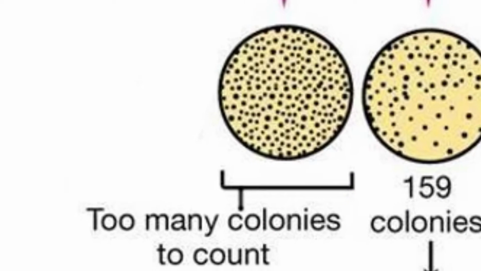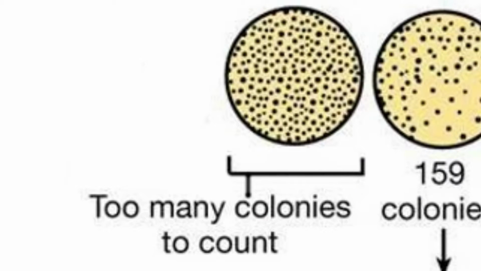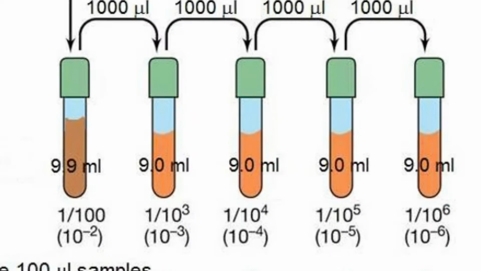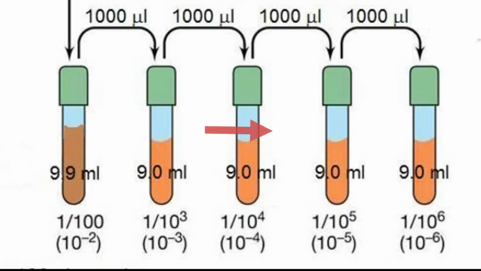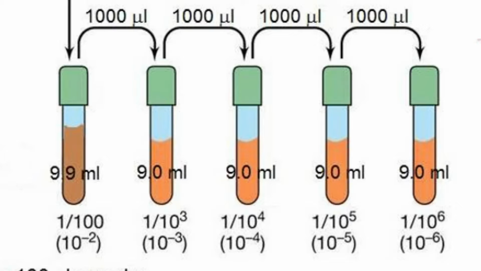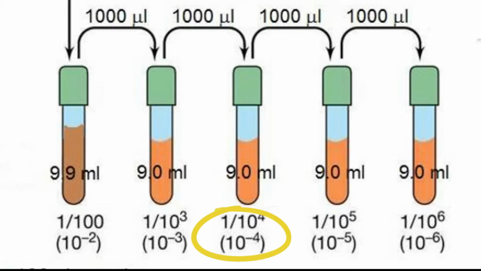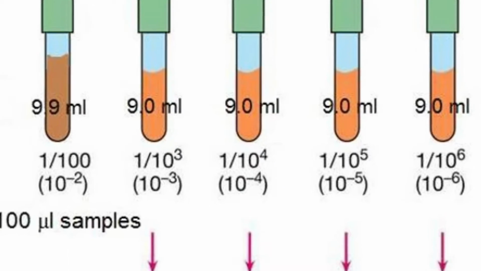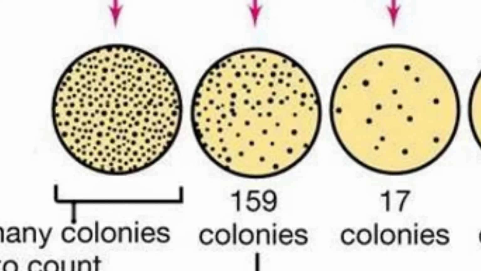If we plate that again, there's going to be so many colonies there that they're going to be too many to count, so we further dilute, taking from the second tube into the third tube and creating another 1 to 10 dilution. Again, that's cumulative, so we end up with a total dilution of 10 to the minus 4, which gives us a decent number of colonies, but we don't know that that's going to be the case, right?